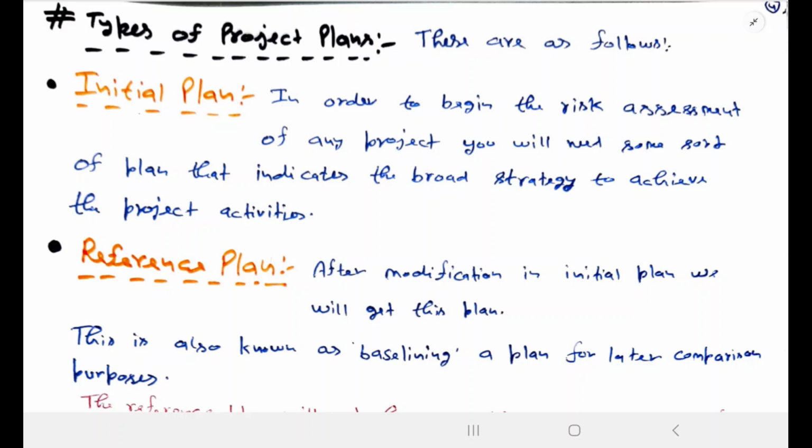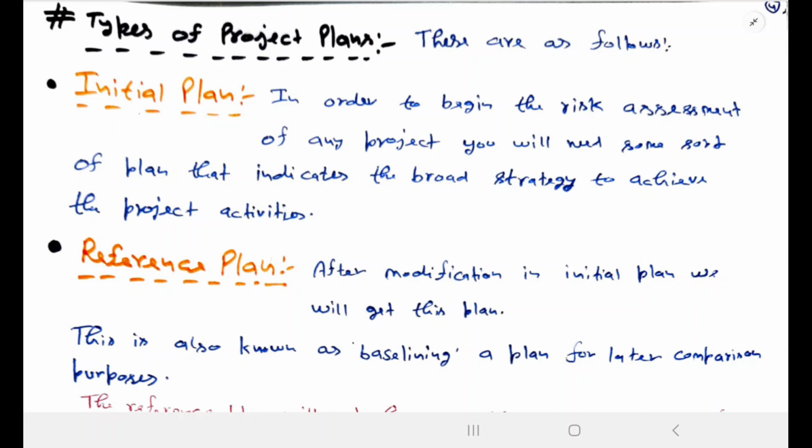In order to begin the risk assessment of any project, you will need some sort of plan that indicates the broad strategy to achieve the project activities, or you can say some plan that will provide a brief overview about the whole project, the pros and cons of that particular project, the risk factors, the success rate of that particular project based upon the previous data.